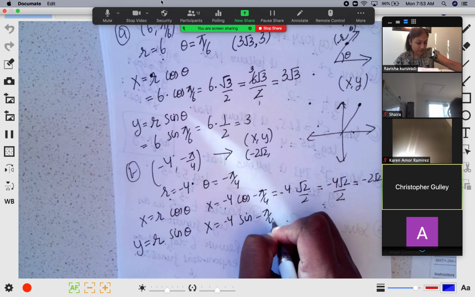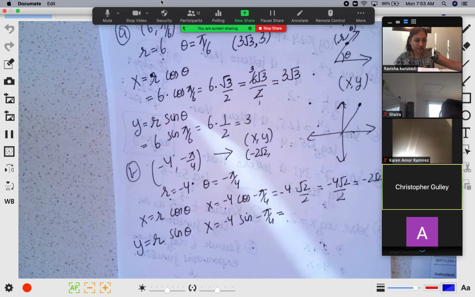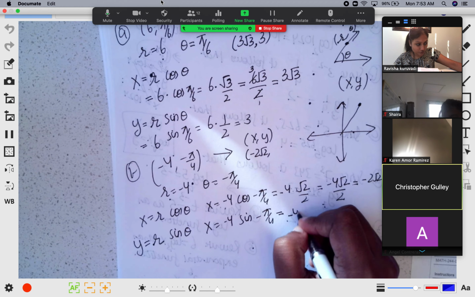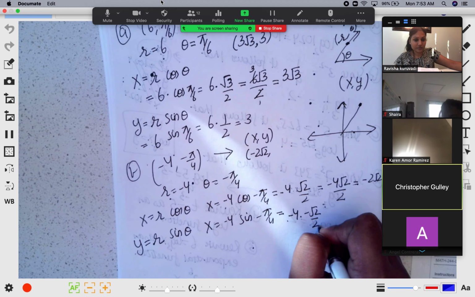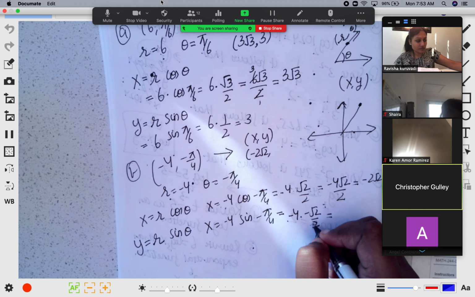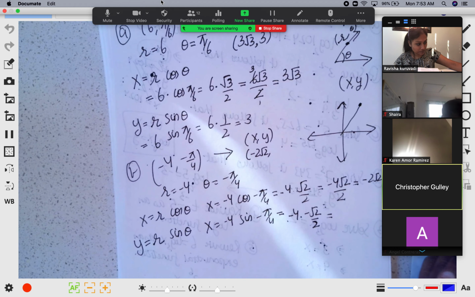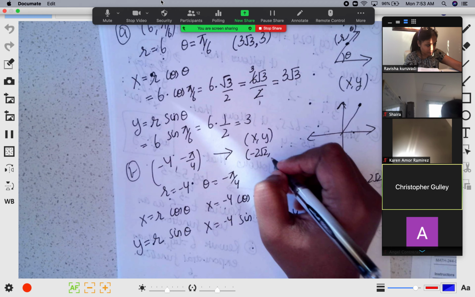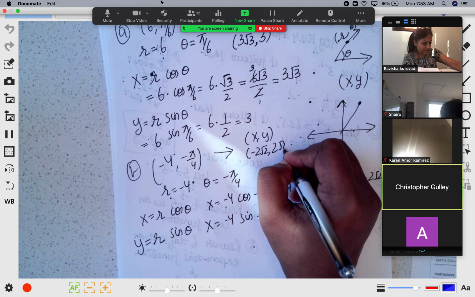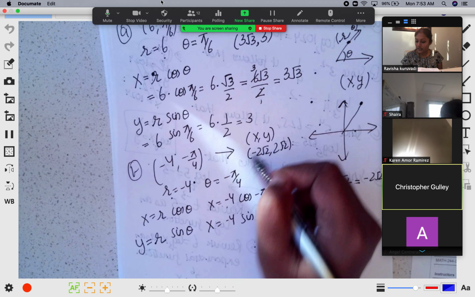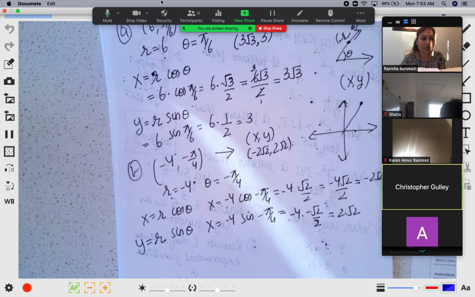The sine is -root 2 over 2, so you have -4 times -root 2 over 2. The negatives cancel, so it's positive 2 root 2. Correct. So your rectangular coordinate is -2 root 2, 2 root 2.